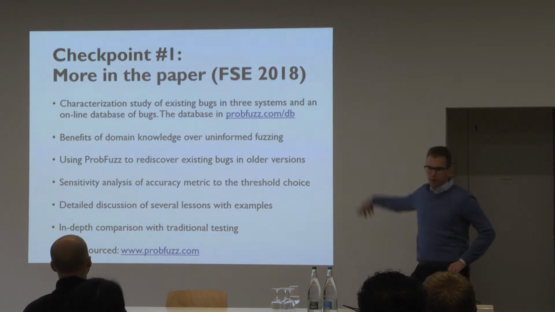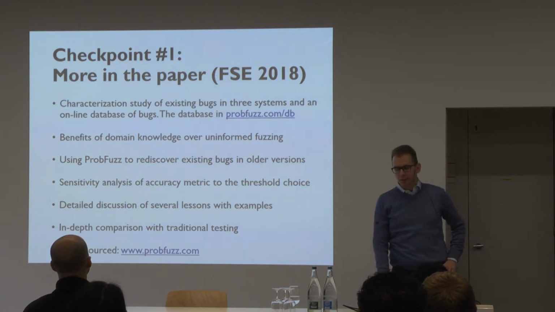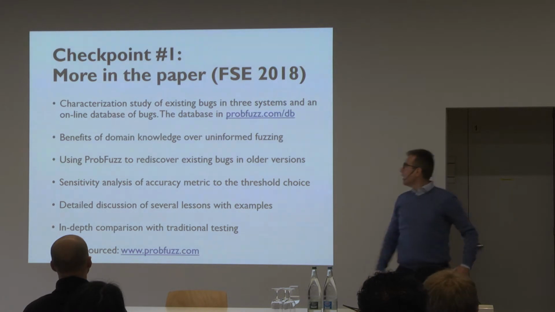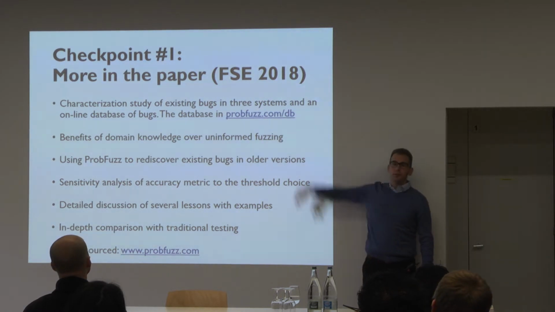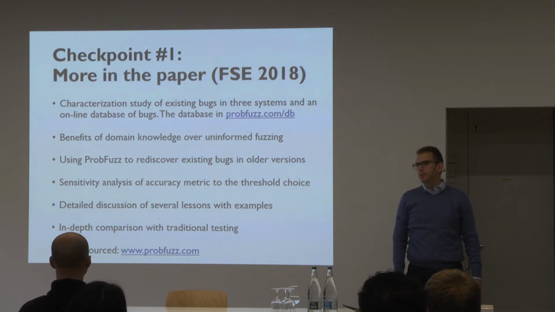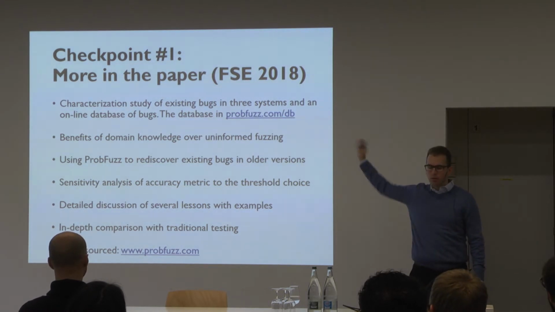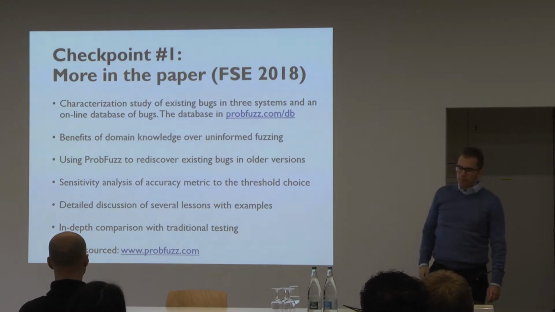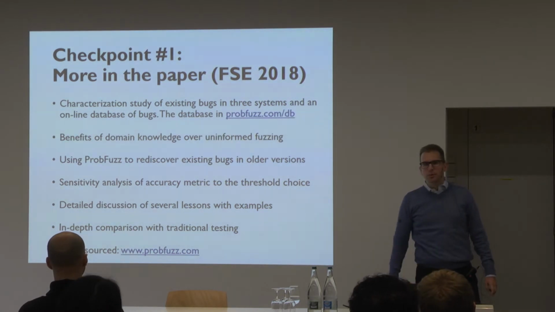So this is the first checkpoint. We had a bunch of other cool results in the paper. And by the way, the database of bugs is also available if you want to take a look at what problems existed before. So you can see old bugs, new bugs. And the tool itself is open source.